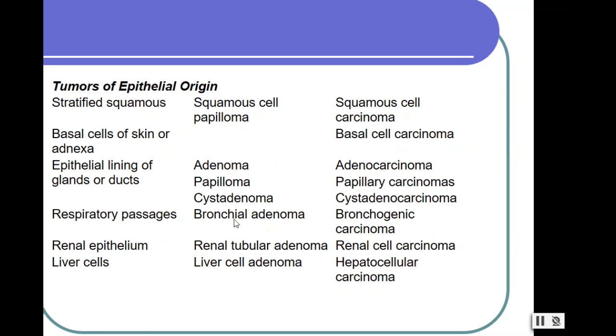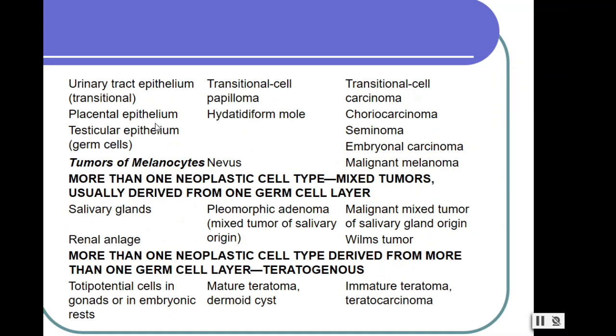Respiratory passages, no? Bronchial adenoma, bronchogenic carcinoma. Sa kidney, tubular cell adenoma, renal cell carcinoma. Sa liver, liver cell adenoma, hepatocellular carcinoma. Sa urinary epithelium, take note, transitional, di ba? Transitional cell papilloma, transitional cell carcinoma.